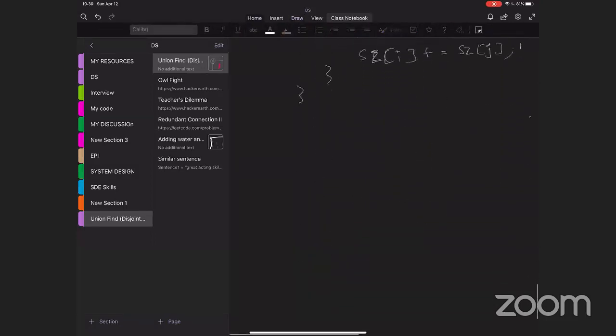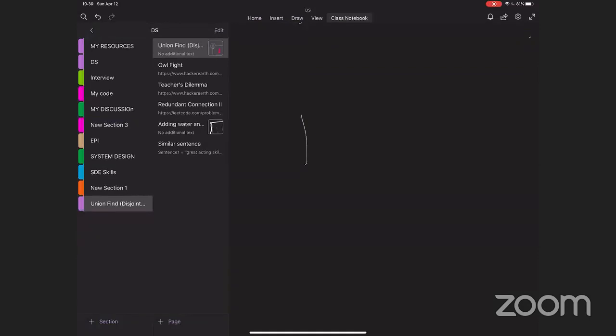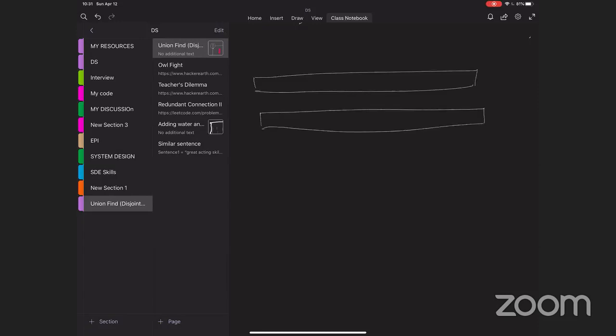All right. To quickly understand, we can run through some example. Again, we are going to have two arrays right now, because this is ID and this is size.